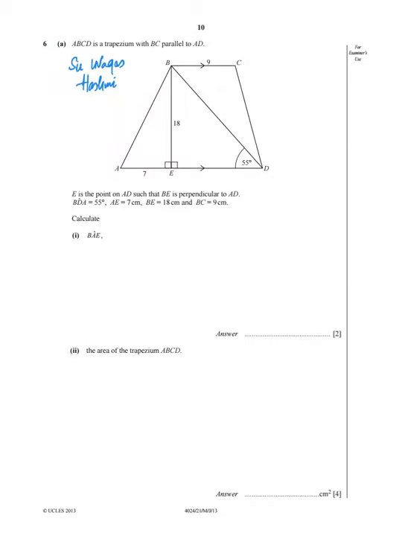After that, it's question number 6 from the topic trigonometry. In the first part, it says find BAE. So let me highlight the angle first. You need to find the angle BAE, and let's say this angle is X. All right. Since 90 is given, we can apply trigonometry here. Opposite and adjacent, that means we need to apply tan here.